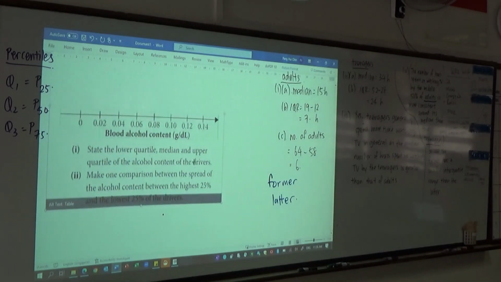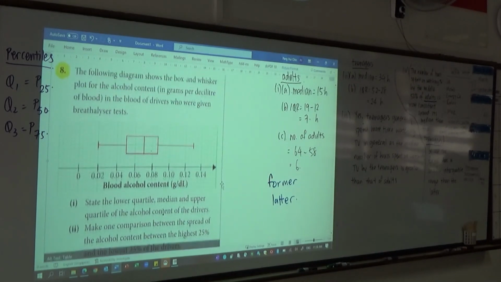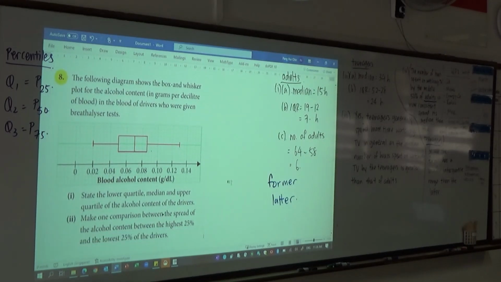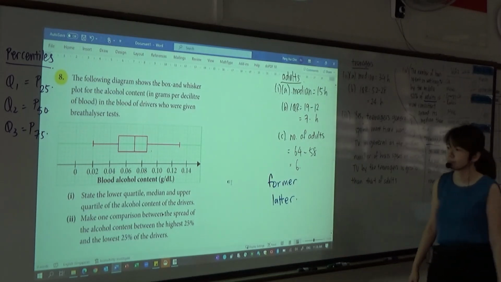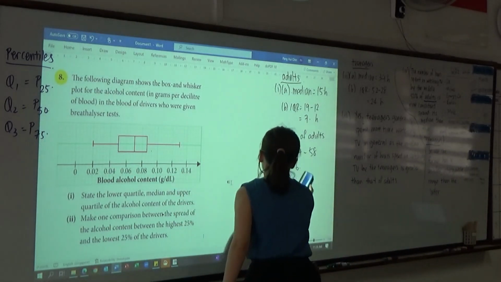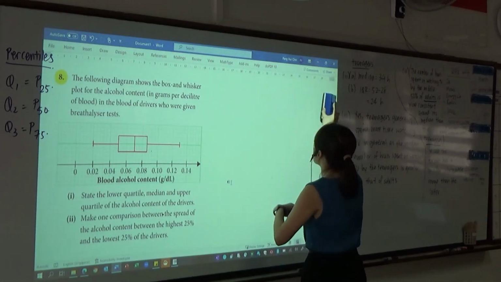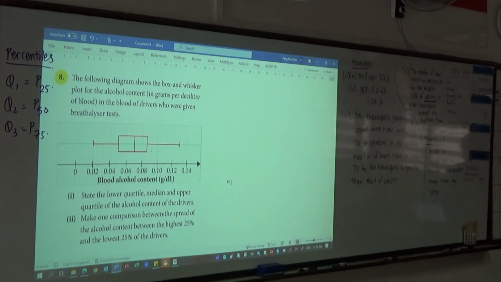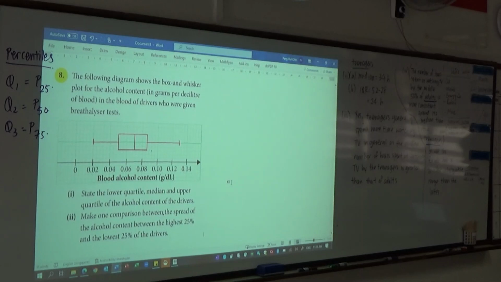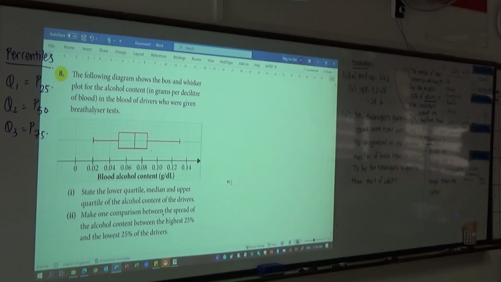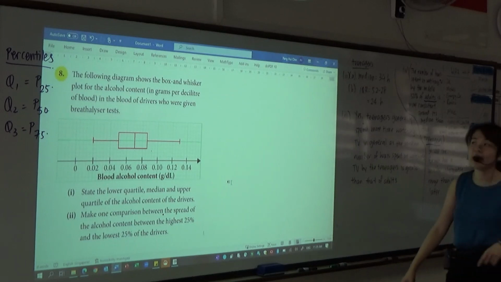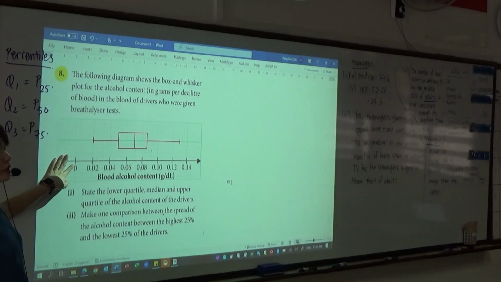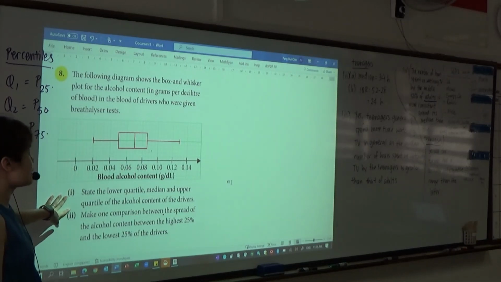Question 8 in your exercise 3C. Okay, something that deviates from our usual question. It says over here that the following diagram shows the box and whisker plot for the alcohol content in the blood of drivers who were given breathalyzer test. Okay, state the lower quartile, median as well as the upper quartile.